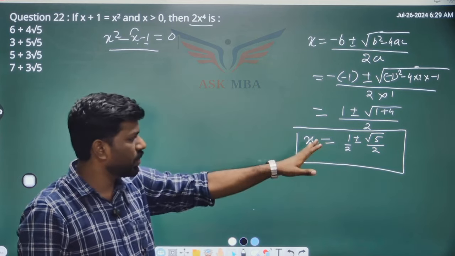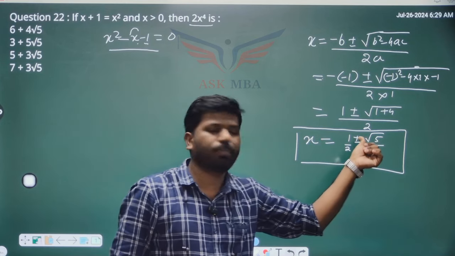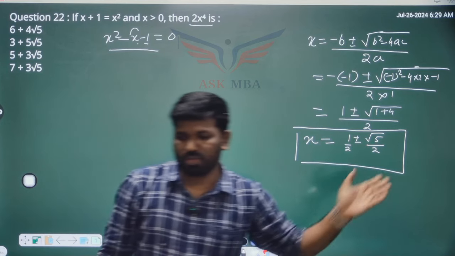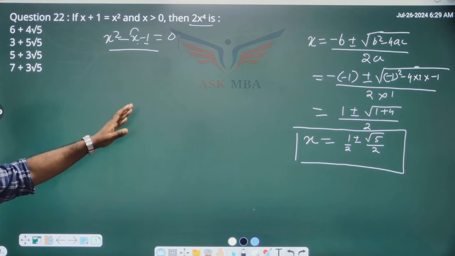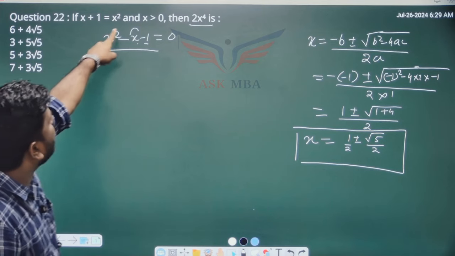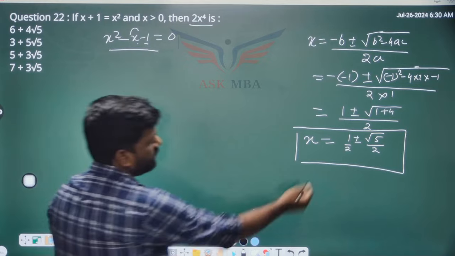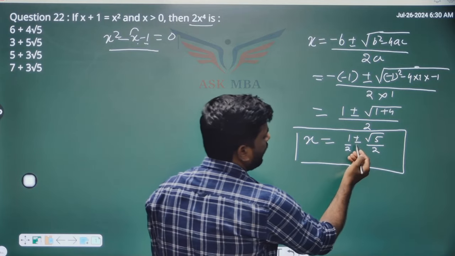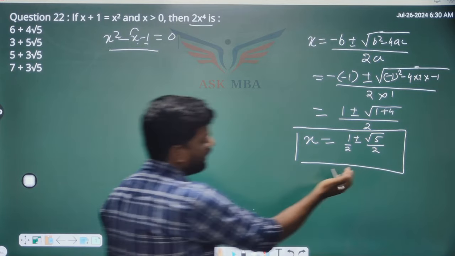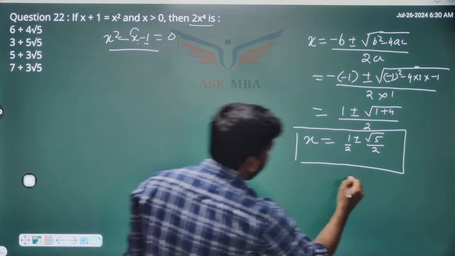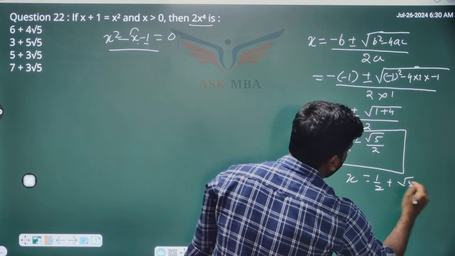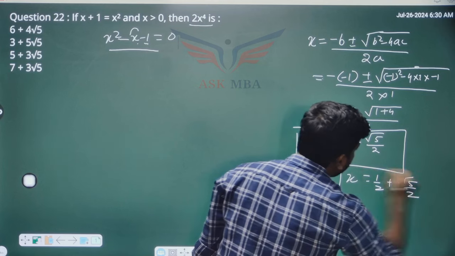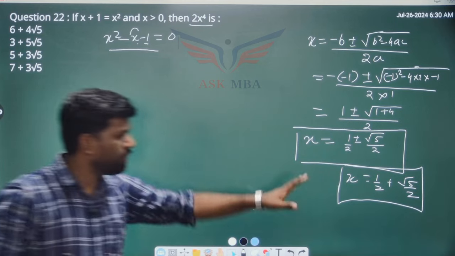We get 2 values, one using the plus sign and the other using the minus sign. Since x has to be greater than 0, you cannot take the negative value. You directly use x is equal to 1 by 2 plus root 5 by 2. This will be your proper value for x.